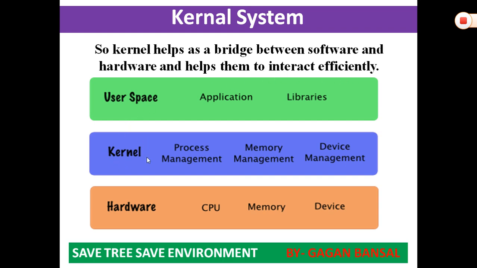So what is a kernel? It is a bridge between the software and the hardware. That means it uses various user spaces like applications and libraries, and provides the interface with the hardware, that is with CPU, memory, and devices. So we can say that the kernel helps in process management, memory management, and device management.